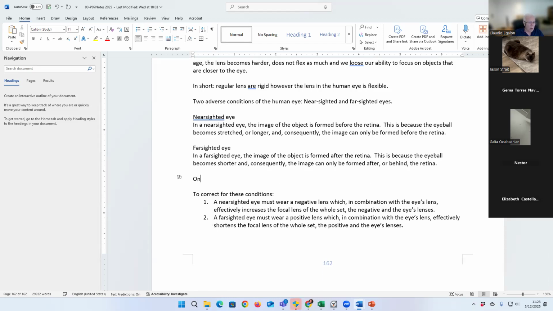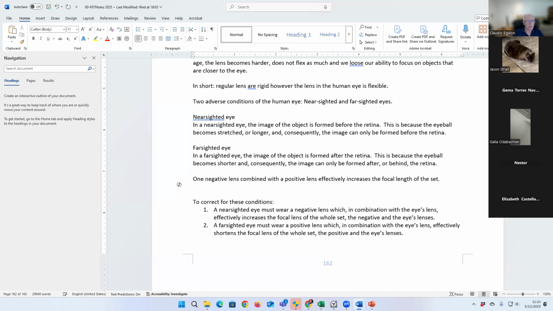So one negative lens combined with a positive lens effectively, right? Increases the focal length of the set.